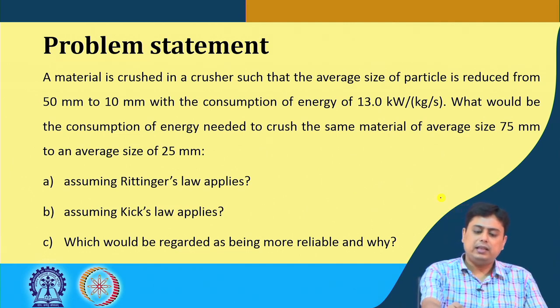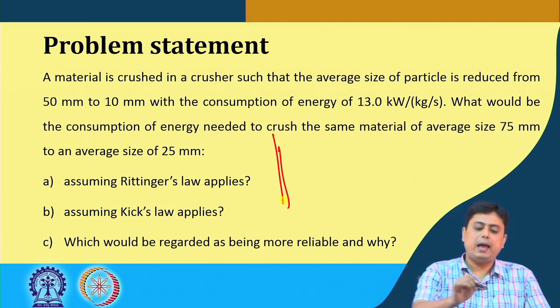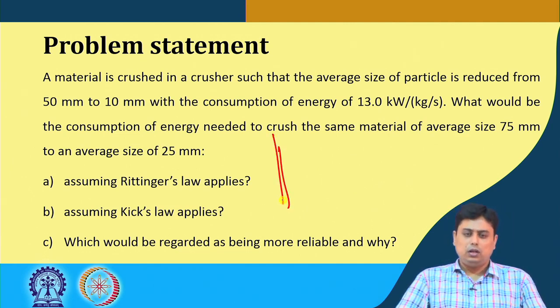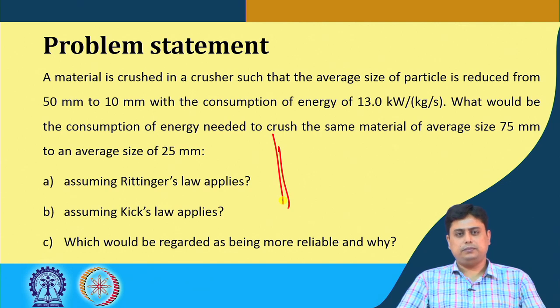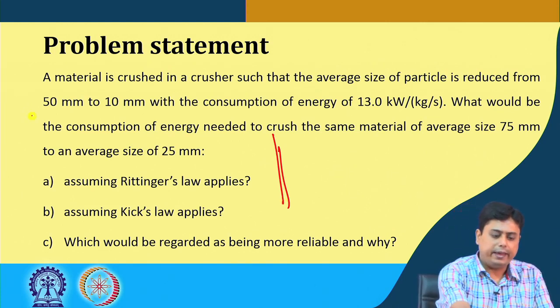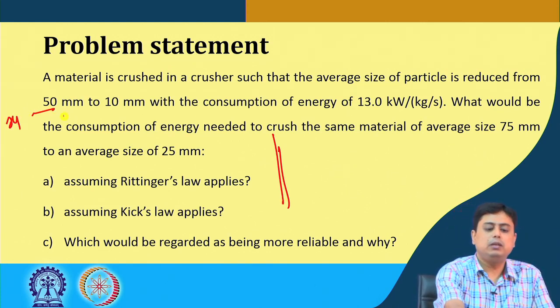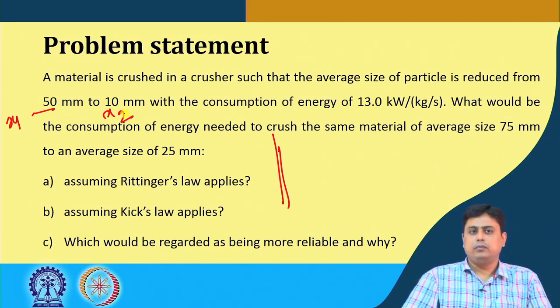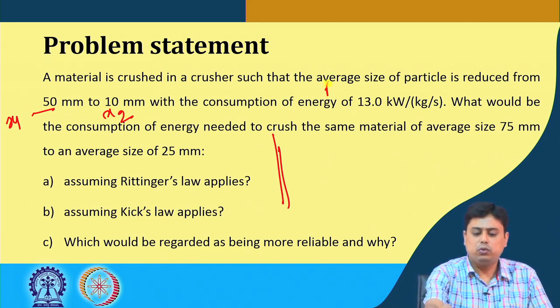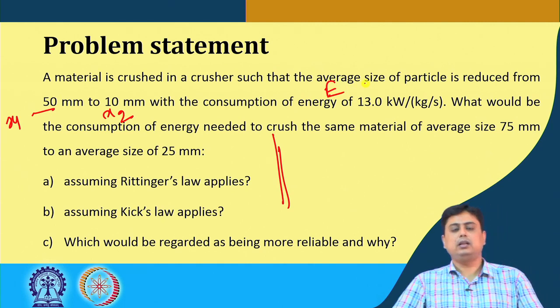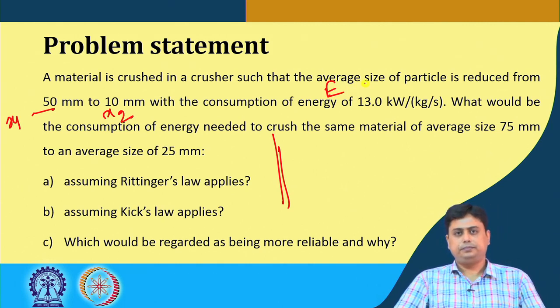So, we will see that for the same problem, if we apply two different laws, what is the difference in the magnitude of the predictions. The problem is very much straightforward. We have x1 as 50 millimeter to x2 of 10 millimeter, and for this the energy requirement E is 13 kilojoule per kg.